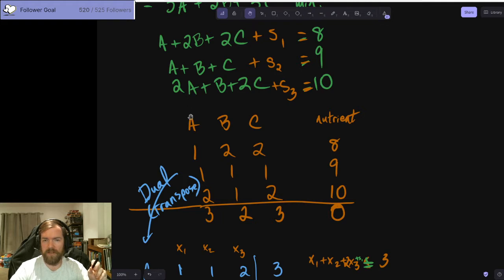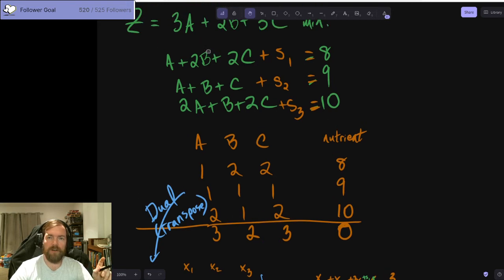Now this would have looked like A, B, C. We have 1 and 1 and 2 from our 3 equations or inequalities. B is 2, 1, 1, and C is 2, 1, 2. Nutrients are 8, 9, and 10, and our Z objective function would end up being 3A, 2B, 3C, and 0 for nutrients, because nutrients doesn't factor into cost.